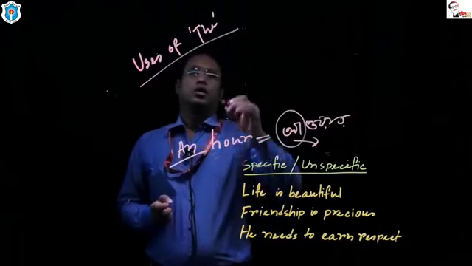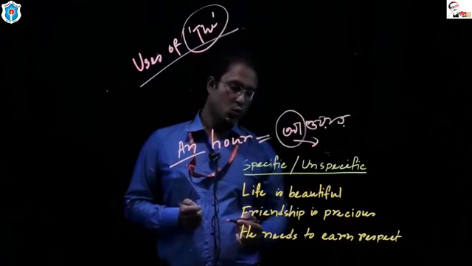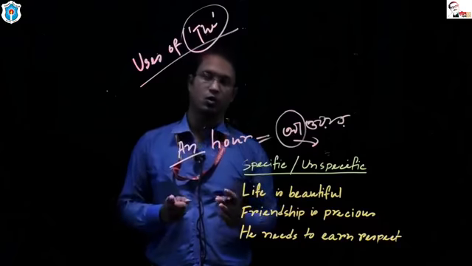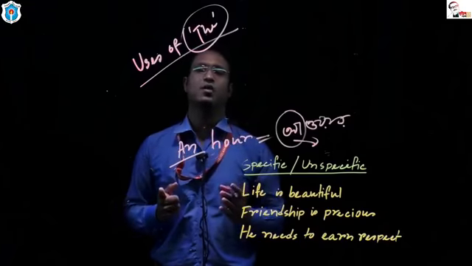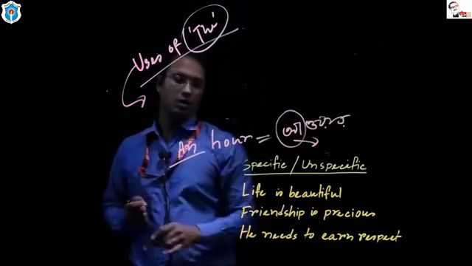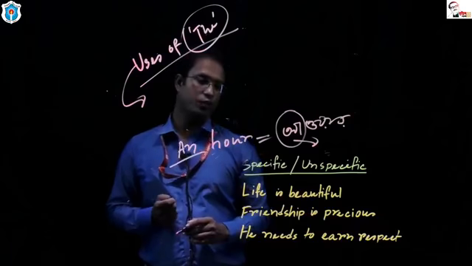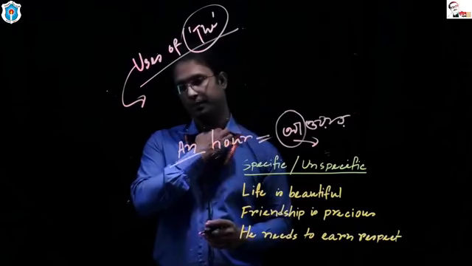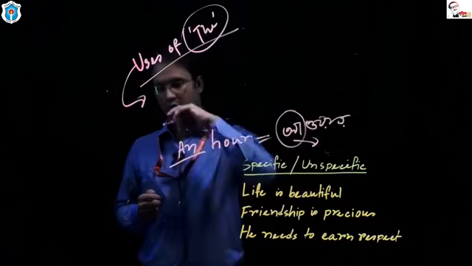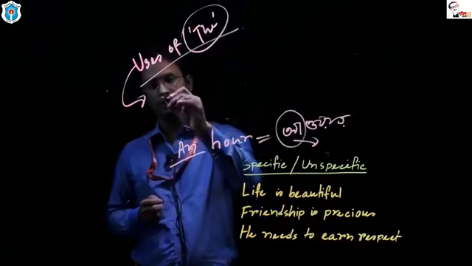Okay, to know this thing, we should know the idea of specification, whether the word is specific or unspecific. I observed that most of the students find problems here. They fall in trouble to understand whether it is specific or unspecific. But after this class, I think it will be removed. How a word becomes specific from unspecific.